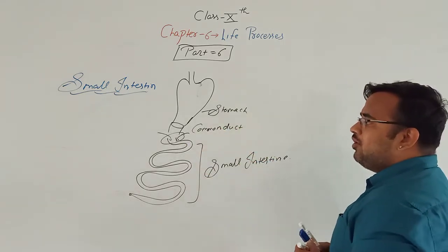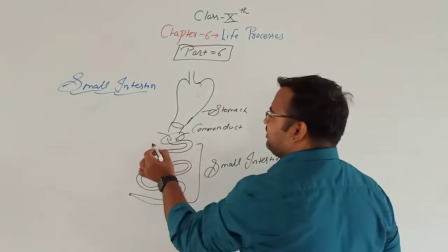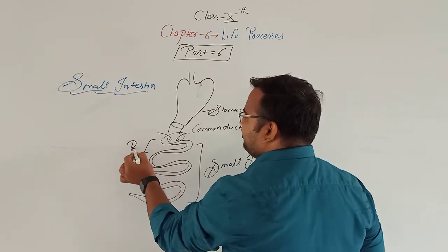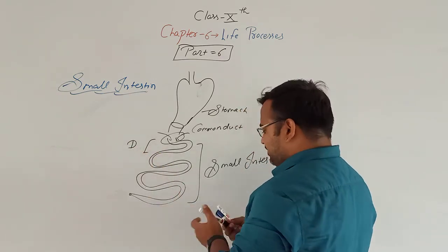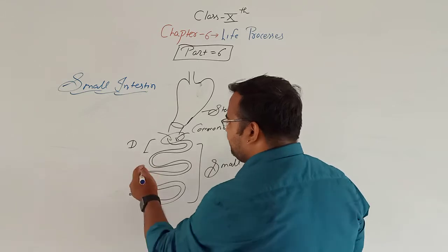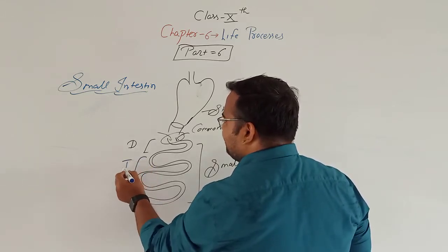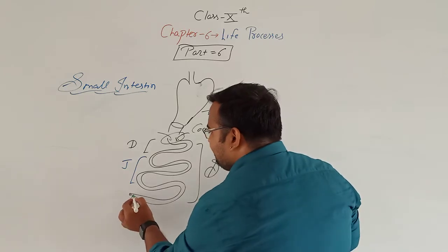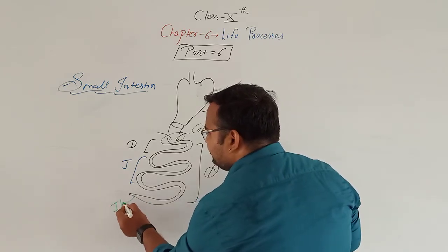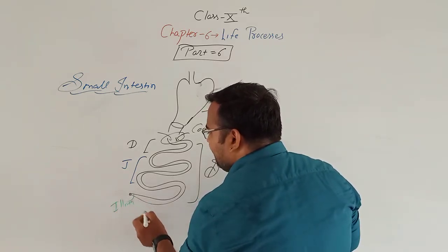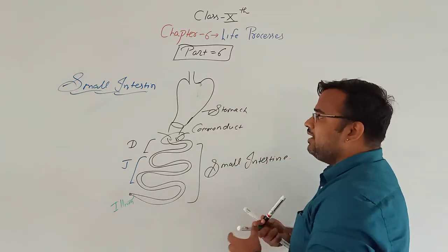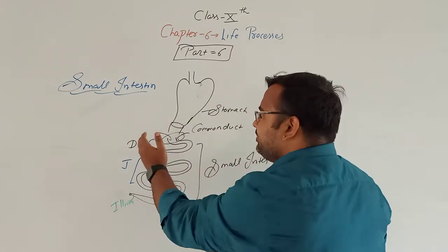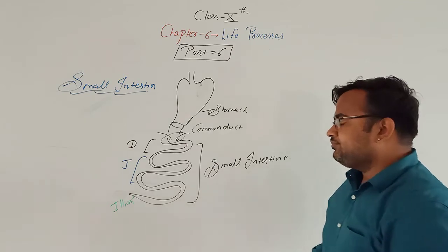The small intestine contains three parts. The first part, D, is the duodenum. The second part is the jejunum, and the third part is the ileum. As we have seen in the last lecture, there are three parts of the small intestine: duodenum, jejunum, and ileum.